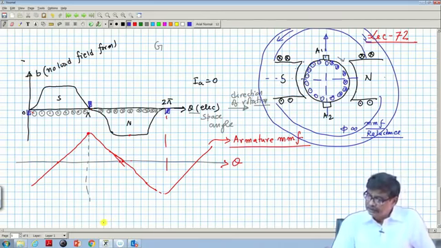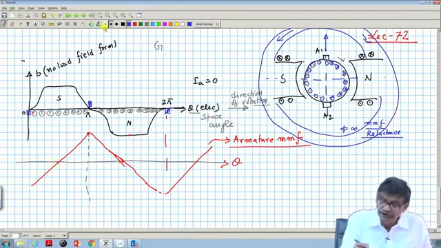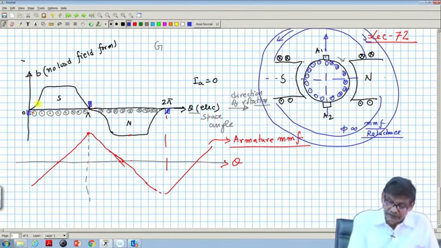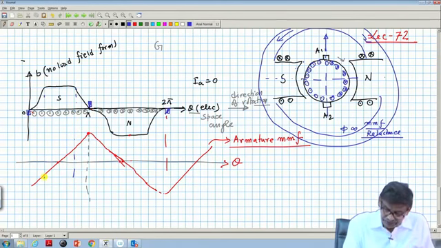So, the armature flux or B distribution will be proportional to MMF in this fashion. Between this zone and this zone, it will be in some other scale; this blue curve I am drawing is the B distribution.